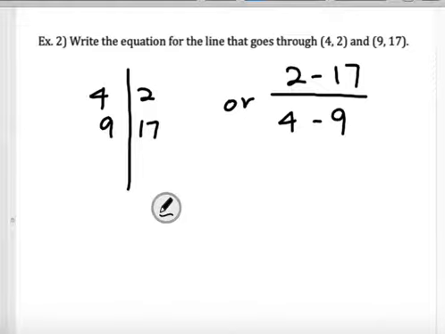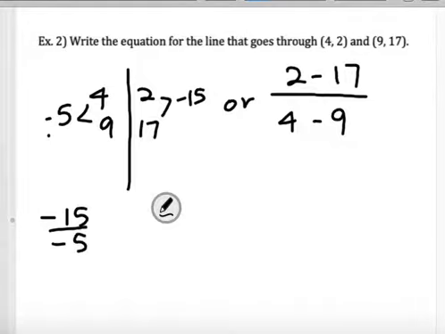Calculating the slope, you can plug into the table method, or you could use the equation that we wrote down as m equals y minus y divided by x minus x. So on the table method here, I'd have 2 minus 17, negative 15, 4 minus 9, negative 5, change in y divided by change in x, rise over run, if you think about that creating a table.